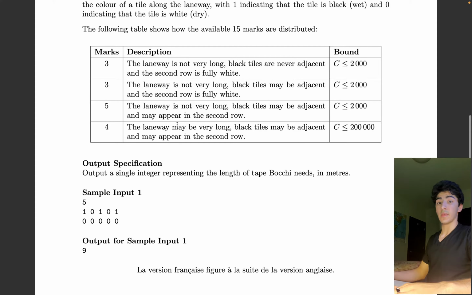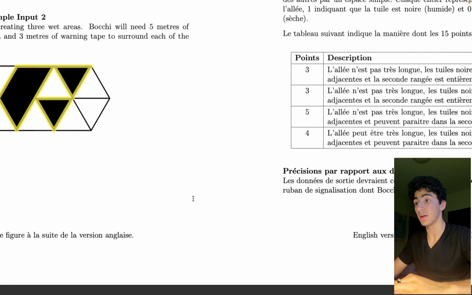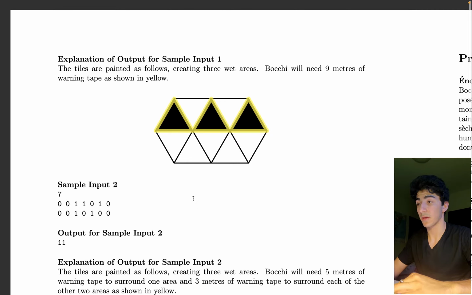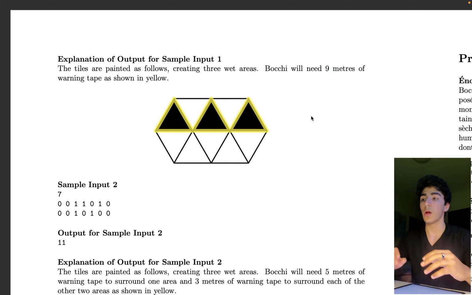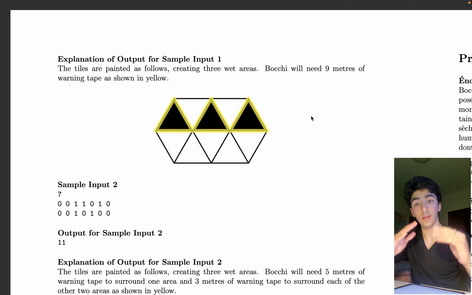So here is an example. C equals 5, and here are the values, but let's not really look at that. Let's look at the diagram of it on the next page. So here it is. Here's a visualization of it. As we can see, the correct output is 9 because the perimeter of a triangle is equal to the sum of all its sides.